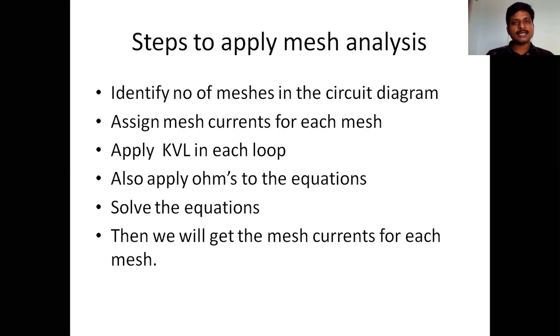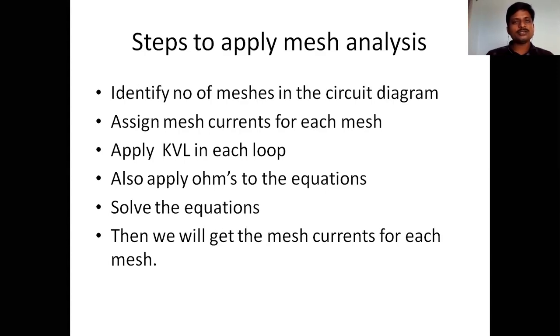After assigning mesh currents, you have to apply KVL at each mesh. For example, if there are 2 meshes in the problem and you are applying the KVL equation at mesh 1, then you have to assume that that mesh current is greater than all other mesh currents at that point of application.